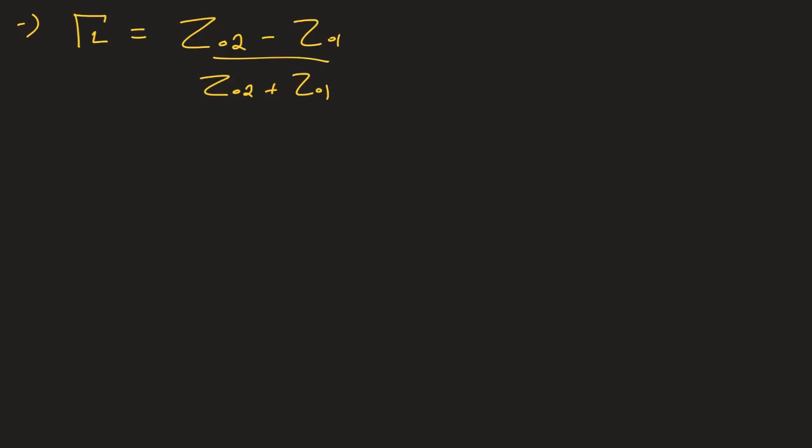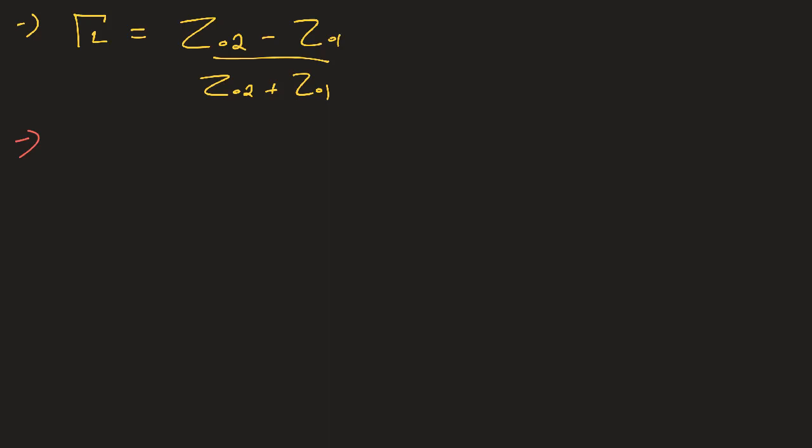To get maximum transmission between the two transmission lines, Z02 must be matched with Z01, which is why when you're connecting two cables or two transmission lines together, you want their characteristic impedances to match so that there are not too many reflections. The same goes for waveguides also, if only we had enough time in this semester to study waveguides properly. Anyhow, that's the reflection when you connect two transmission lines together.